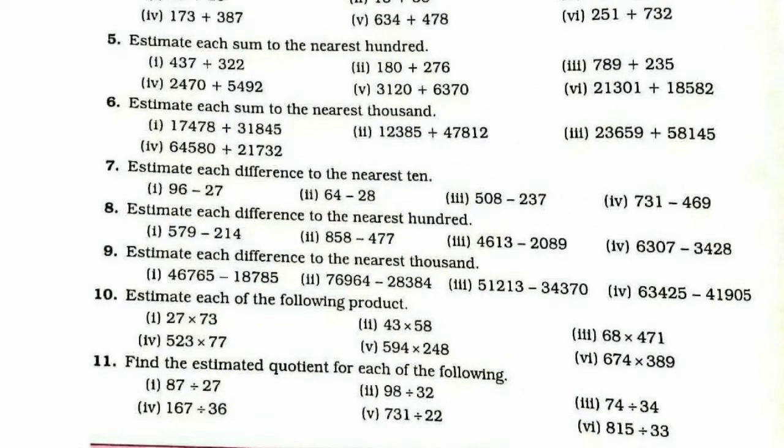Now we will solve question number 5. Estimate each sum to the nearest 100. Part 1. 437 plus 322. So how to solve this? Let us understand.